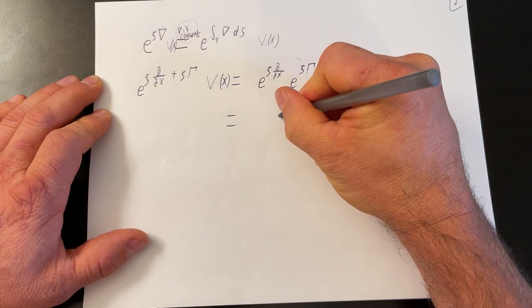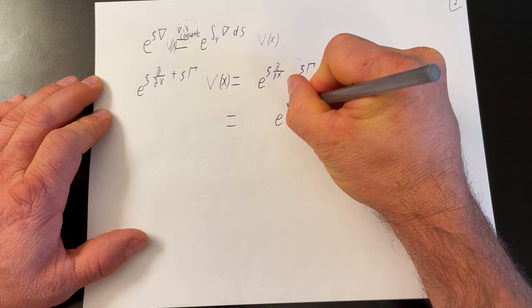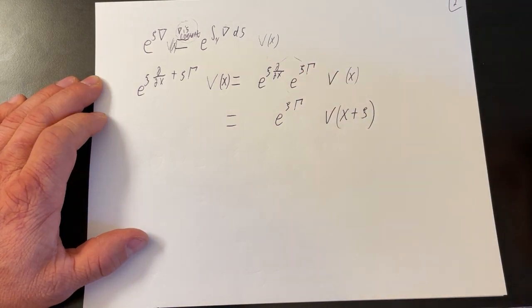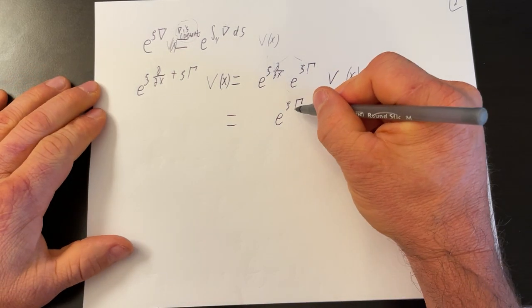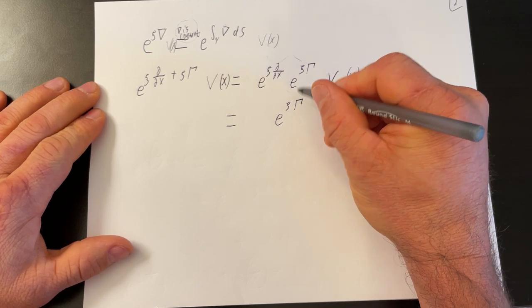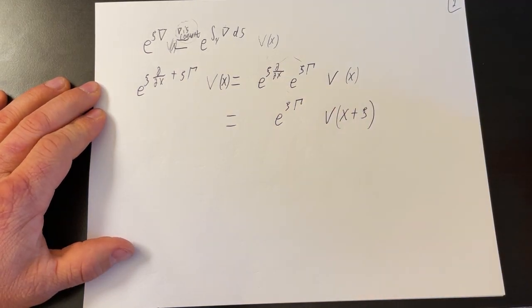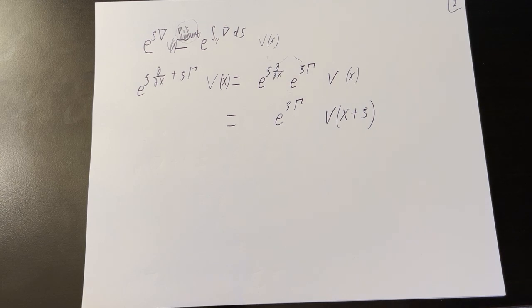And we're left with the action of e to the c gamma. So the derivative translates, and the connection generates something else that is not translation. It is the transformation of the components of the vector, or more generally, the tensor that we're interested in.